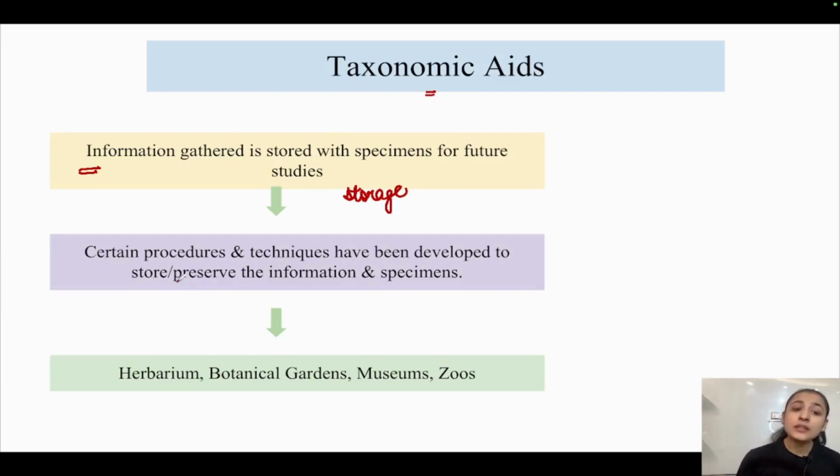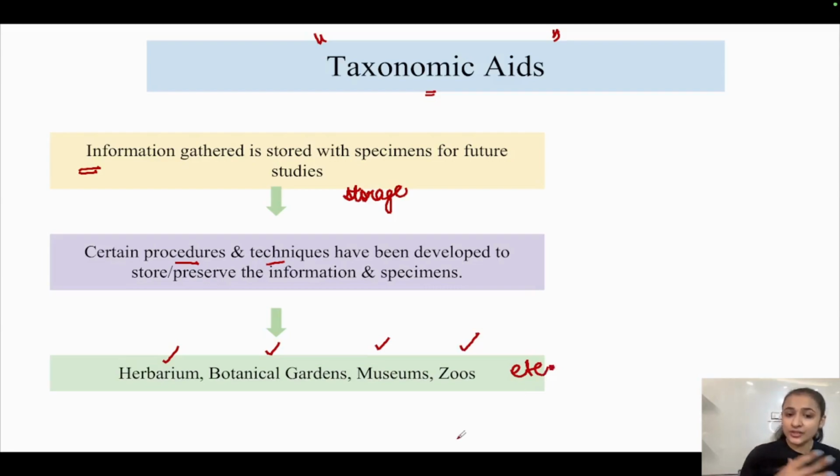The first step was collecting the actual specimen, so we need a place to store that specimen and to store and preserve the information we have gathered about it. These places are known as taxonomic aids. These are herbarium, botanical gardens, museums, zoos, etc.